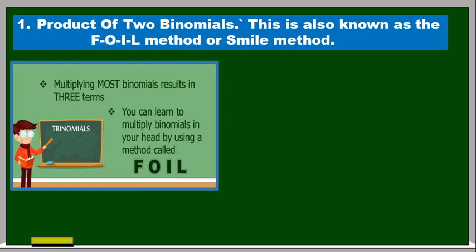You can learn to multiply binomials in your head by using the FOIL method. Ibig sabihin, we can compute the product of two binomials by using the FOIL method. Okay?